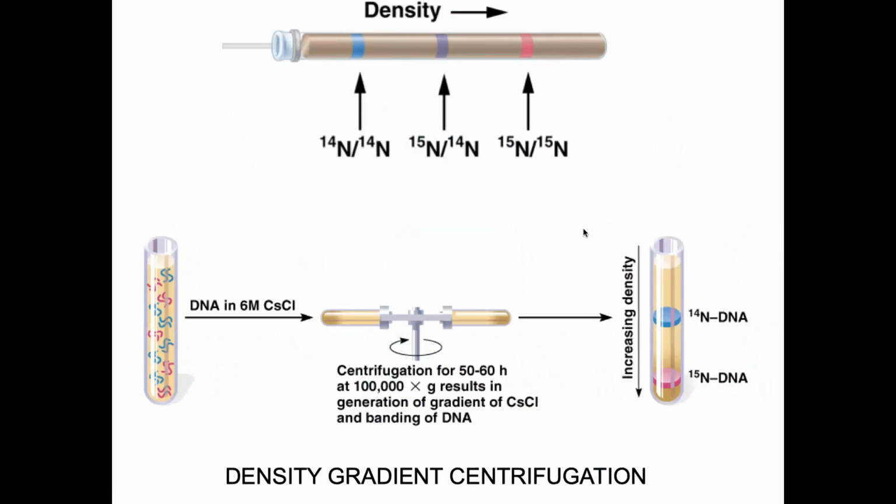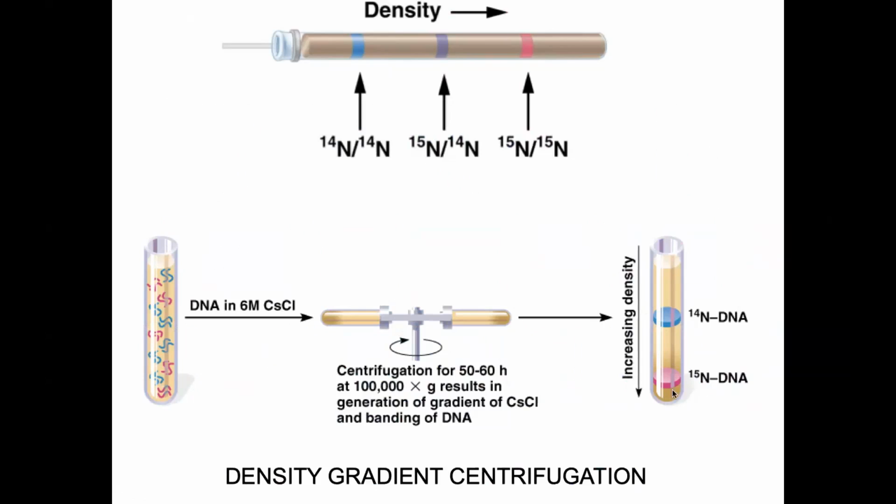We've talked a little bit about how you could distinguish between different densities of a DNA molecule. Well, you can use a cesium chloride gradient. You load your DNA into a solution of cesium chloride, you centrifuge it, and the DNA will band out within that density gradient at a position equal to its own density.